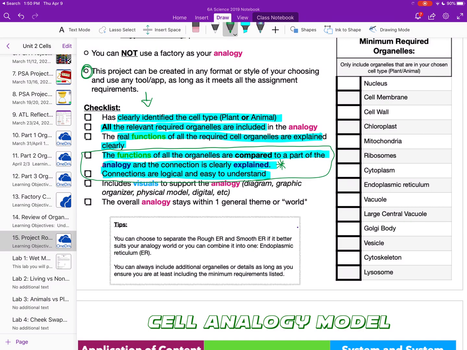So for example, they might have said that Hogwarts is like the cell and the nucleus is like Dumbledore, but they're not explaining why. They're just making those connections. What if I had never seen a Harry Potter movie or I had never read a book? I would have no idea what you're talking about and if those connections made sense.